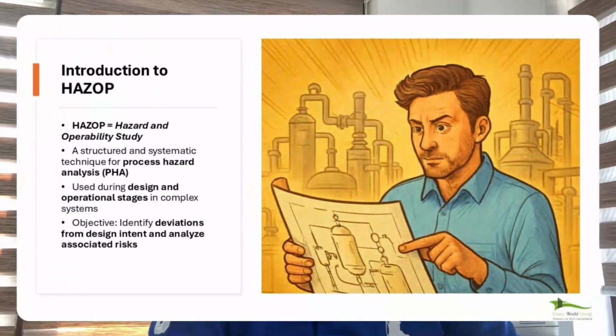The core objective of HAZOP is to identify deviations from the intended design, basically situations where the process might not work as planned. Once these deviations are identified, we analyze their associated risk to ensure safe and reliable operating systems are in place or not. In the next slide, we will discuss the purpose of a HAZOP audit.